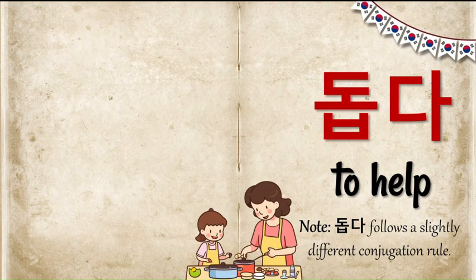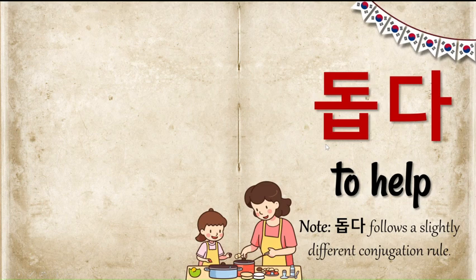돕다, to help. Another very important verb. Why is that? Because 돕다 follows a slightly different conjugation rule. Okay? It follows the ㅂ irregular rule, but in a slightly different way. And what is the difference? That you have to learn by watching my video on the ㅂ irregular.